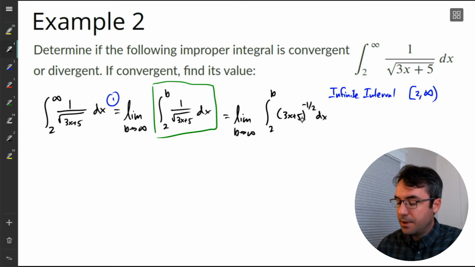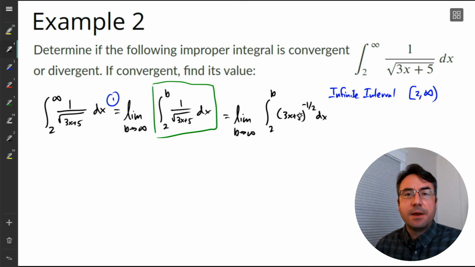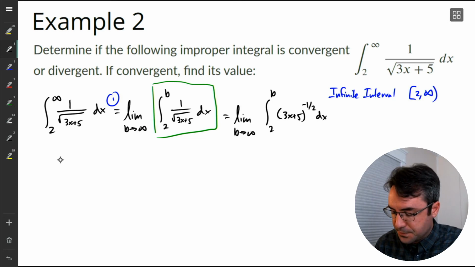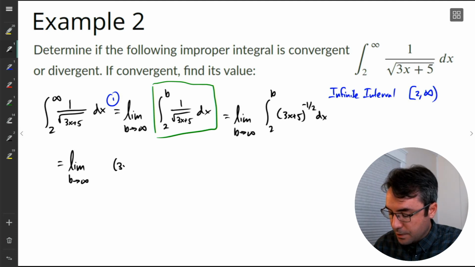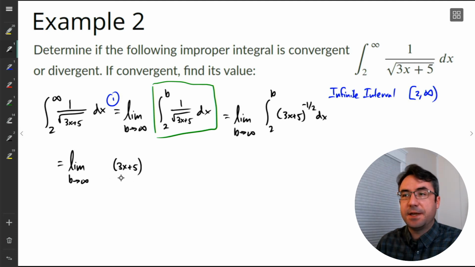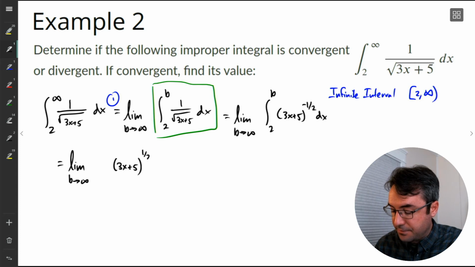So we can really rewrite it as a power function. Now, why that's helpful is because this is just a power function that we can do a mental substitution for. We can figure out what this one is. So what's the antiderivative? Well, we're going to keep what's inside the parentheses the same, so 3x plus 5. We're going to add 1 to the exponent here, so that's going to take us up to positive 1/2.